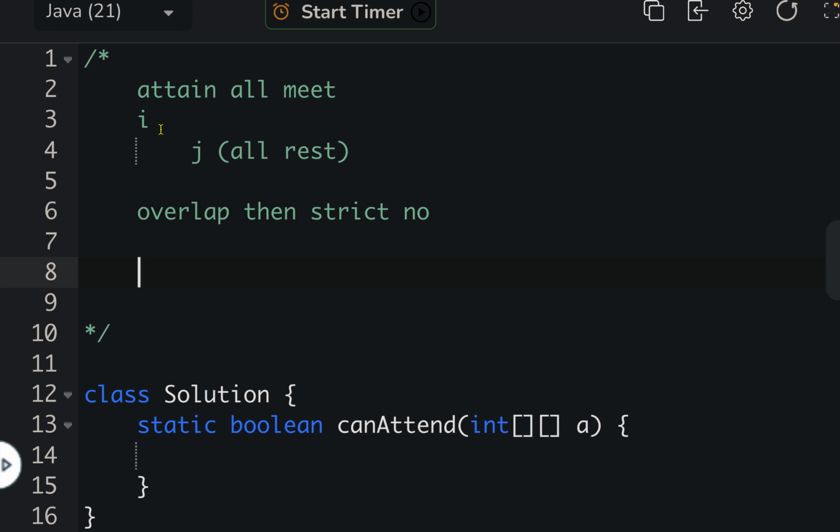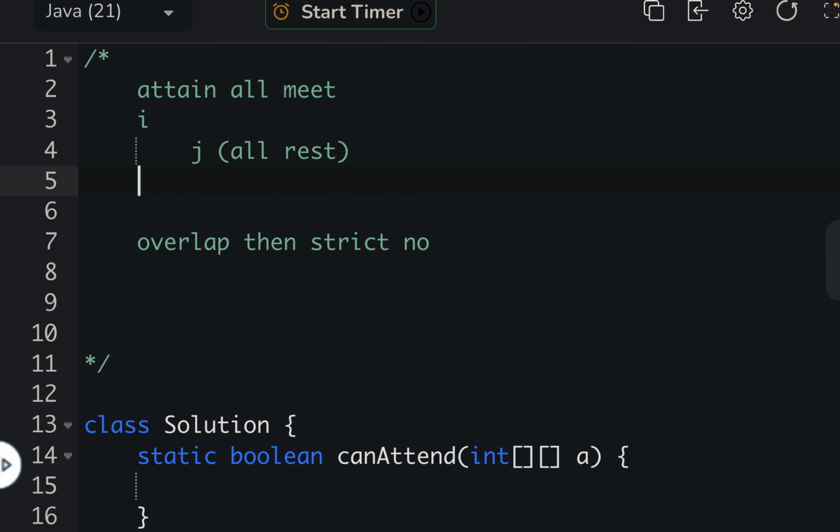But can we do it better? Because this algorithm would consume a time complexity of O of n square, and we don't want that. Can we achieve a better one?